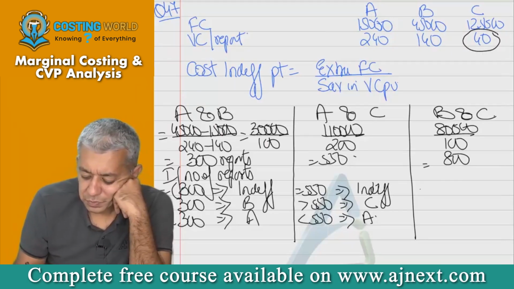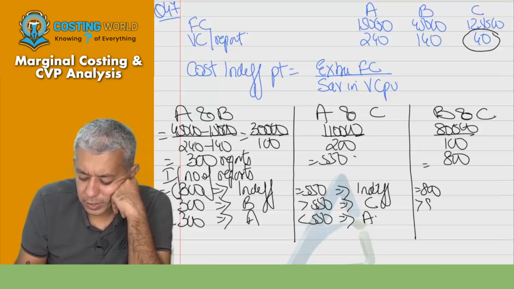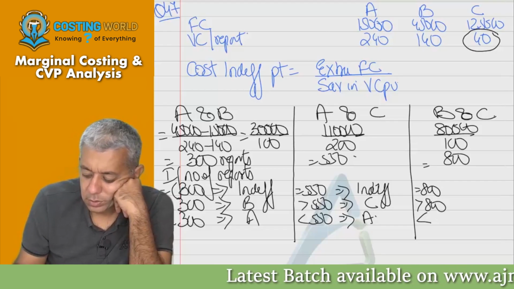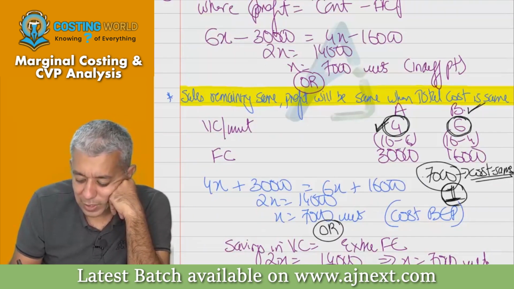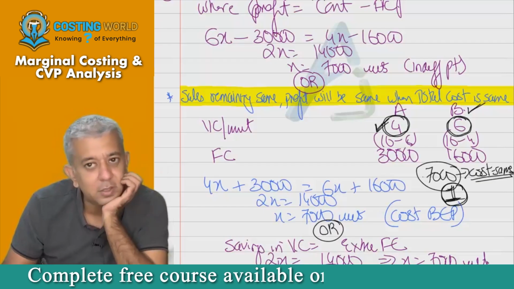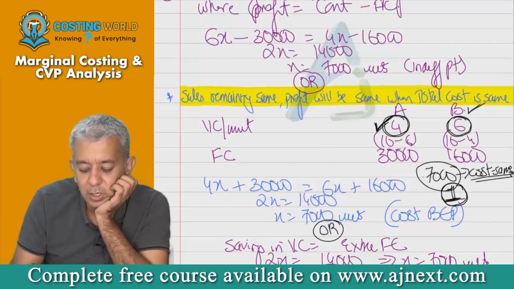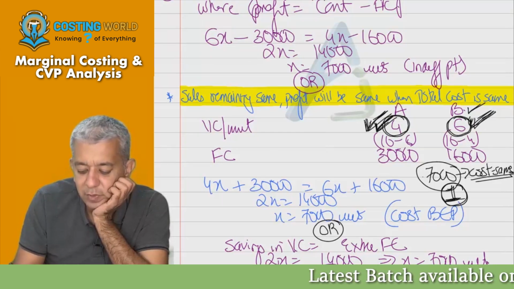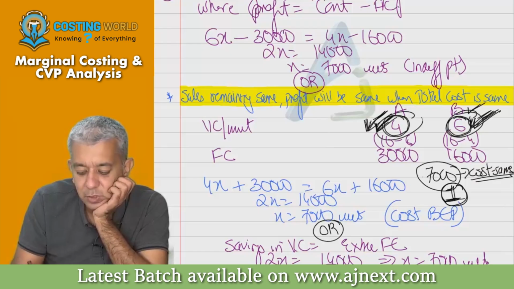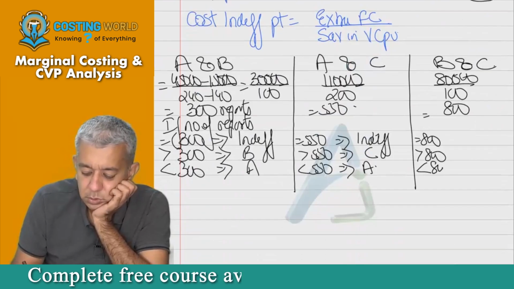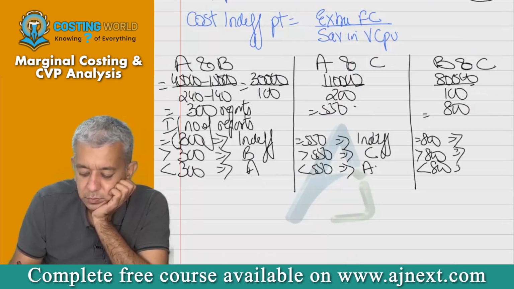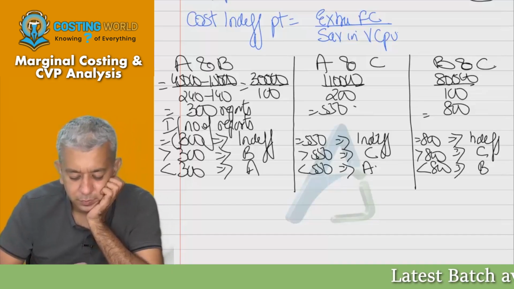If it is equal to 800, indifferent; greater than 800, C. If you do not produce the last unit, you are below 7,000, so here you will not incur 4, here you will not incur 6. That means you save 4 here, you save 6 here. Saving 6 is better than saving 4, so for less than 800, B is better. Here C is better, here B is better.